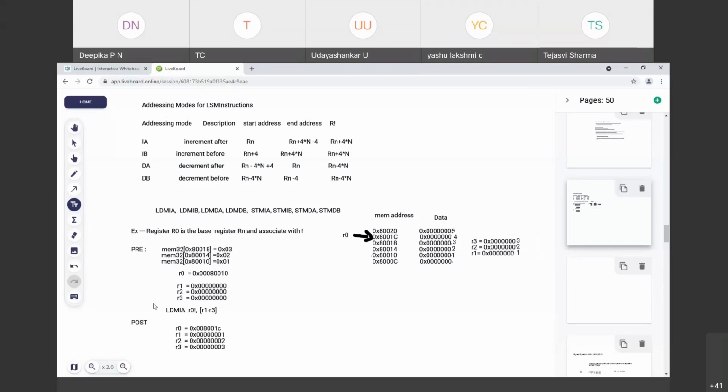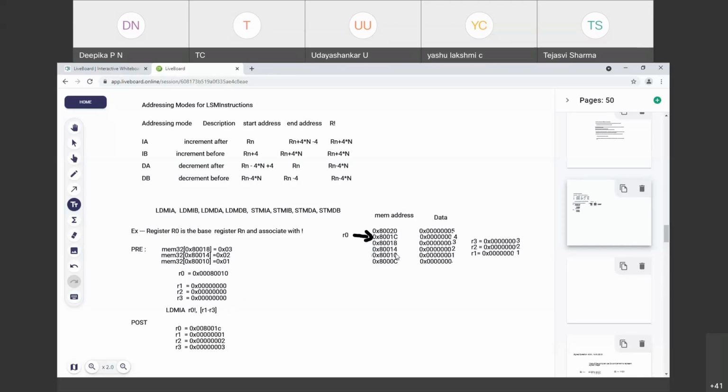This is associated with LDMIA. Now, before execution, R0 was pointing to 80,010 and the data associated is 1, 2, 3 in the upper locations, and those three data are passed to R1, R2, R3 automatically, and R0 is updated to 80,001C, because in the instruction we have used only 3 registers.